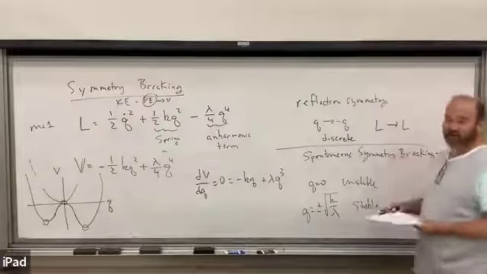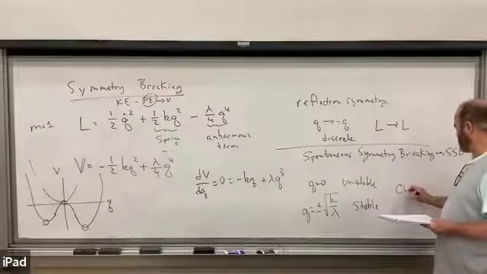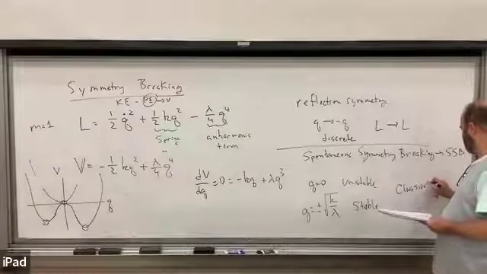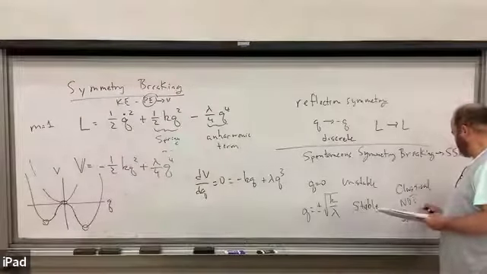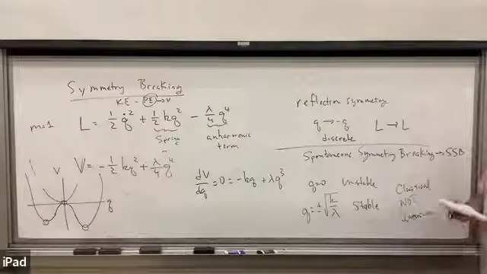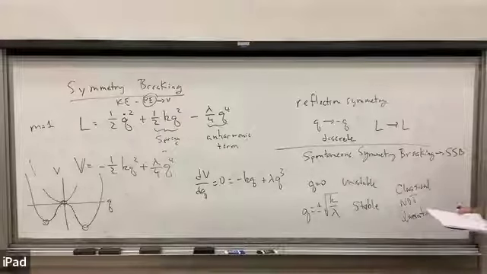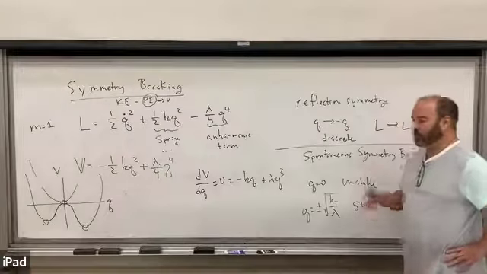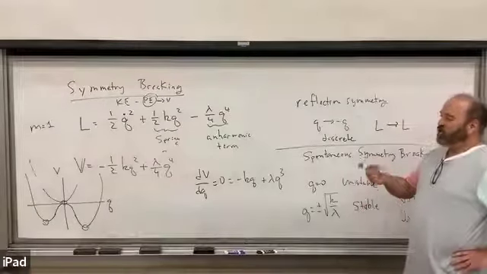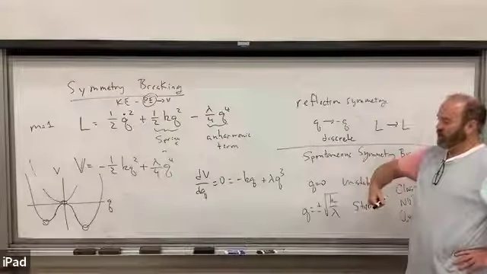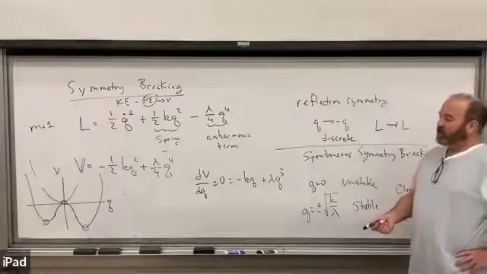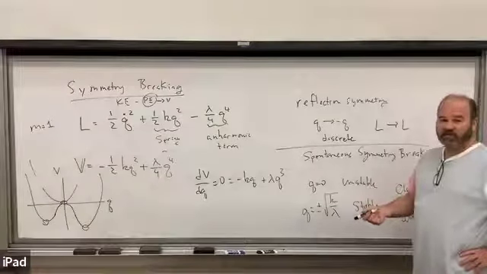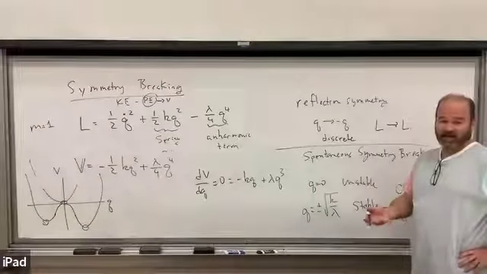Notice all of this is classical. These are all classical arguments. But what happens at the quantum level? Even though classically you've spontaneously broken the symmetry, if you look at the wave function that results from the ground state, the wave function actually still has the symmetry.